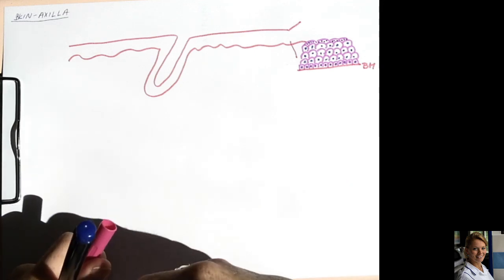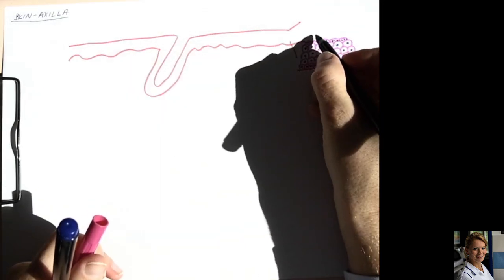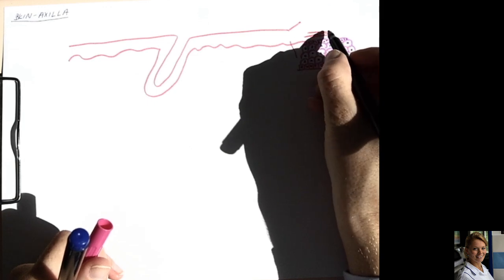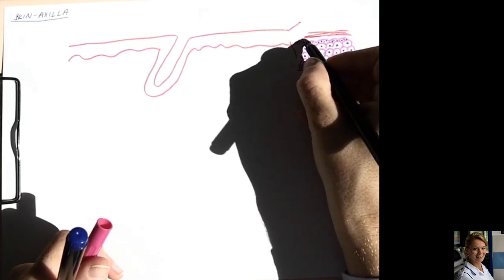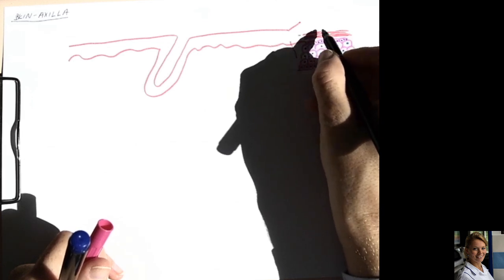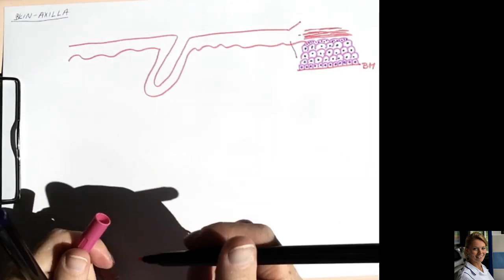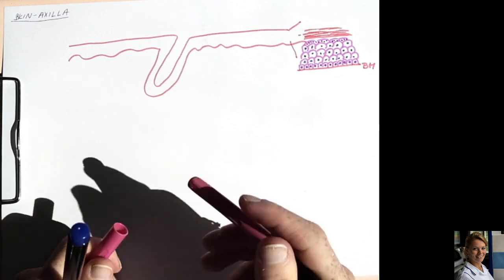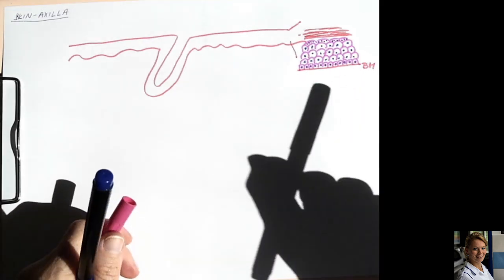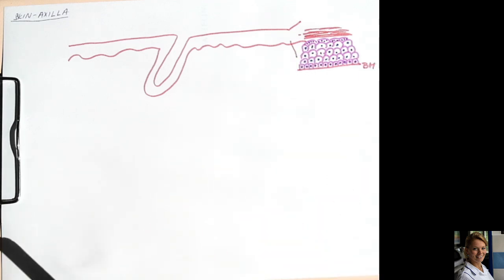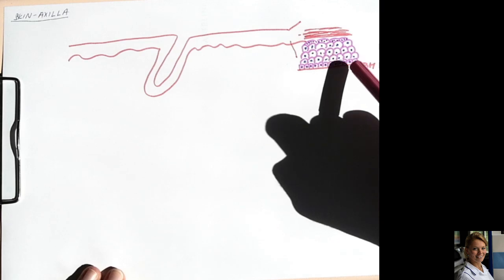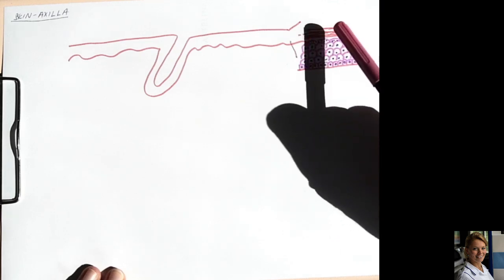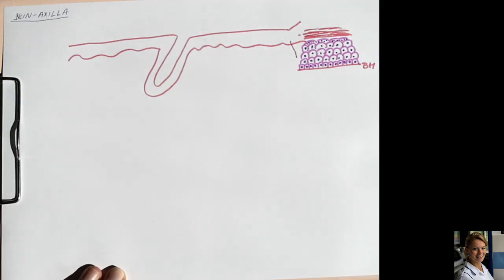And the next and last layer is stratum corneum, the eosinophilic layer, which is composed of dead keratinocytes without clear borders between individual cells. So this is stratified squamous keratinized epithelium.